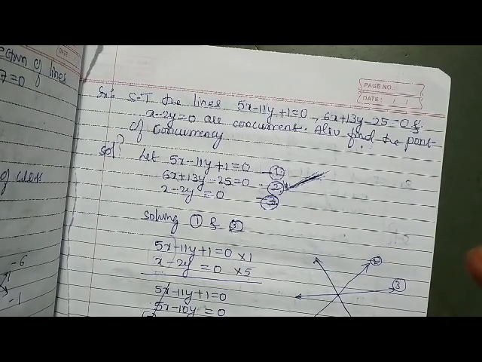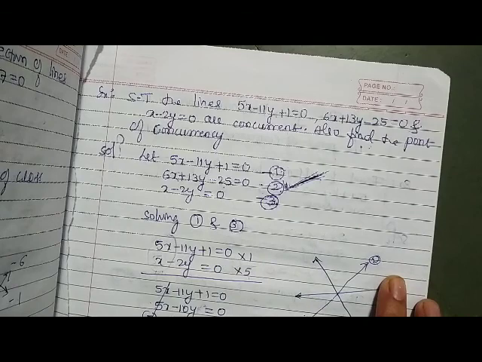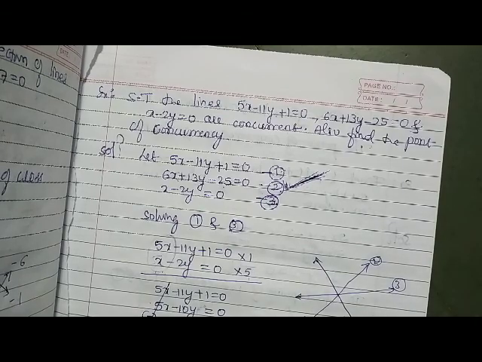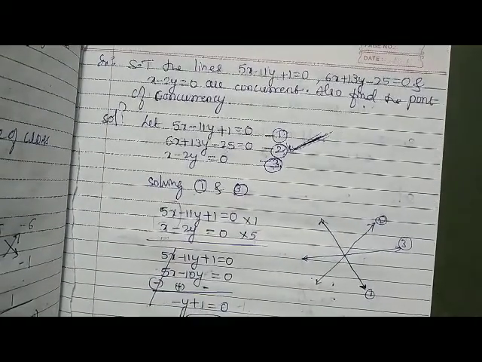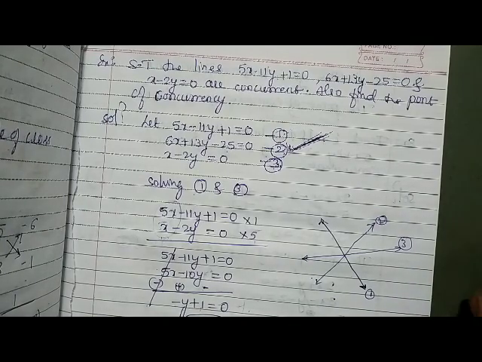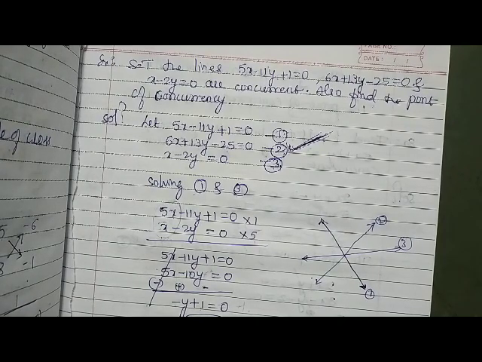After finding the point of intersection, substitute that point in the remaining line. If that line is satisfied, then we say that the given lines are concurrent. And that point of intersection is nothing but the point of concurrency.